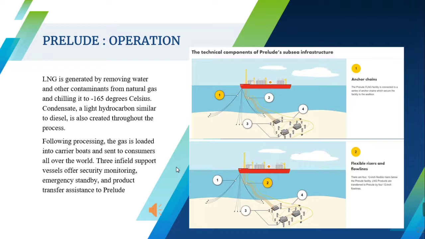On the second picture are the flexible risers and flow lines. There are four 12-inch flexible risers below the Prelude facility. Liquefied natural gas products are transferred to Prelude by four 12-inch flow lines.